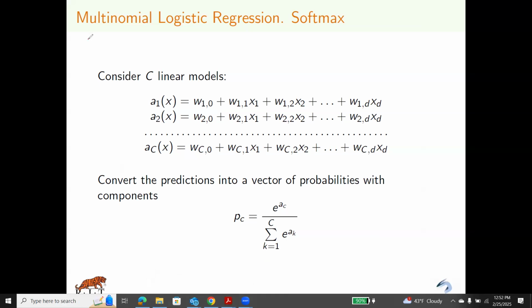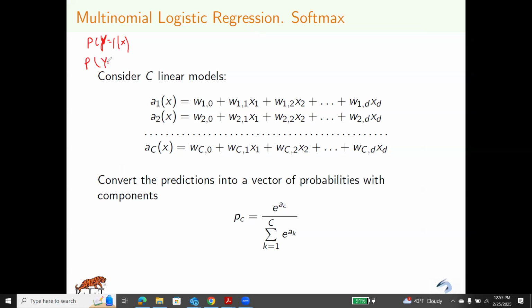So as you remember, in binary logistic regression, we had probability of our target y equals 1 given x, and probability of y equals -1 given x.